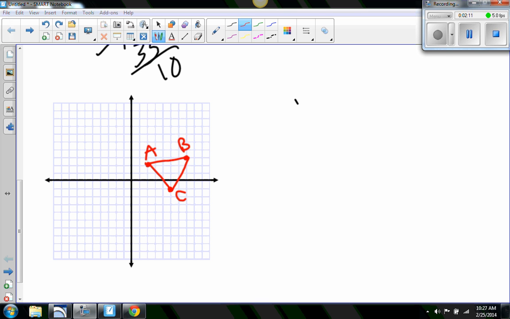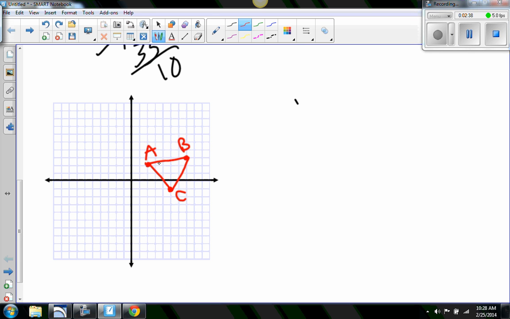And so if I start out with that triangle ABC right there, and it tells us to rotate it 90 degrees counterclockwise, so backwards from the way a clock moves, so to the left, and I want to rotate it around the origin. Okay, that means point A has to rotate 90 degrees, but it has to stay the same distance from the origin that it is right now, right?